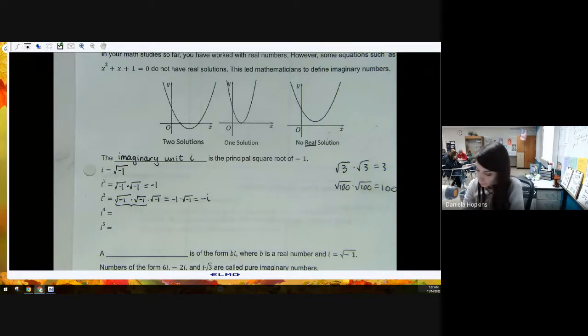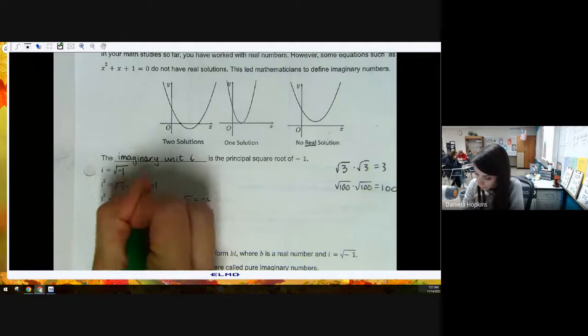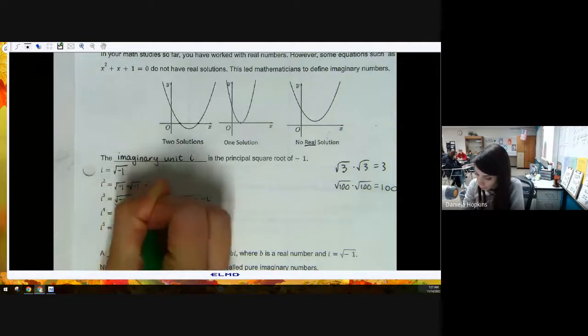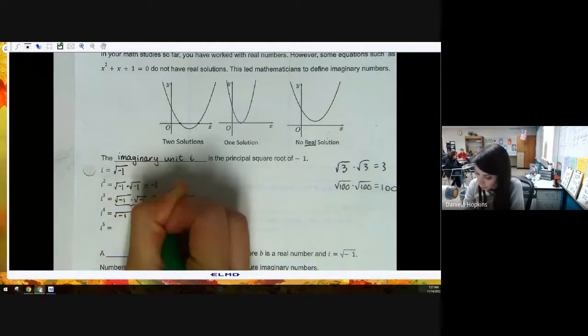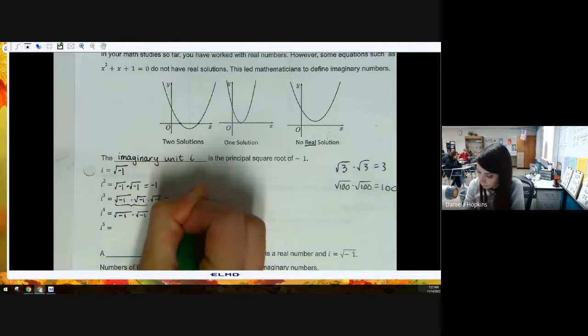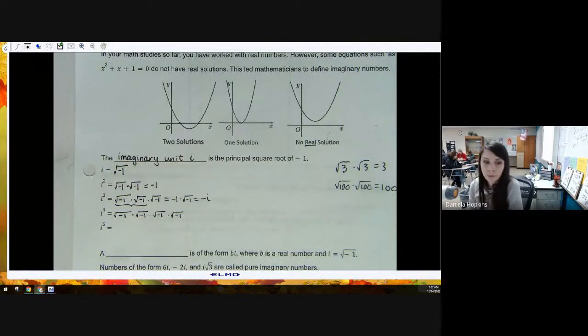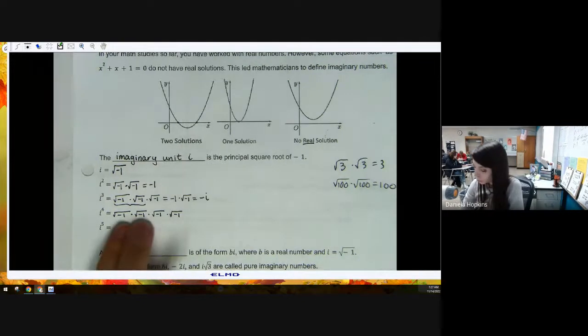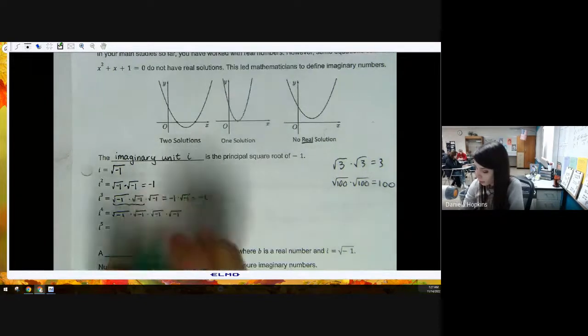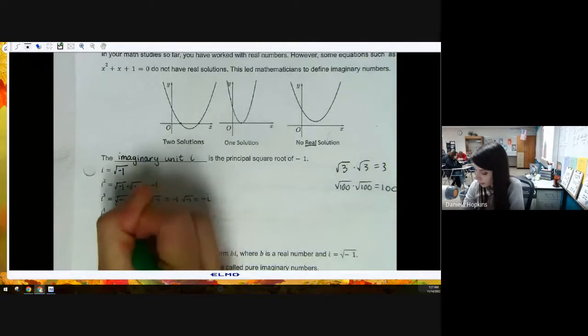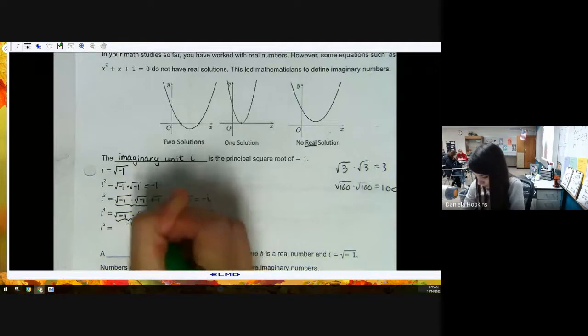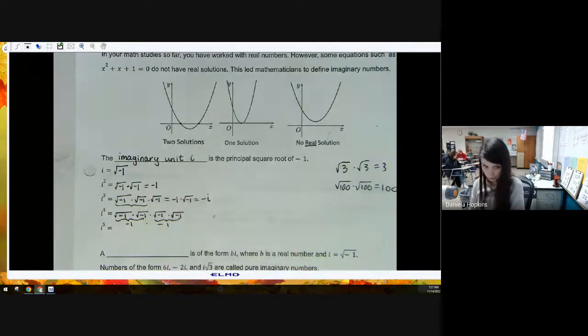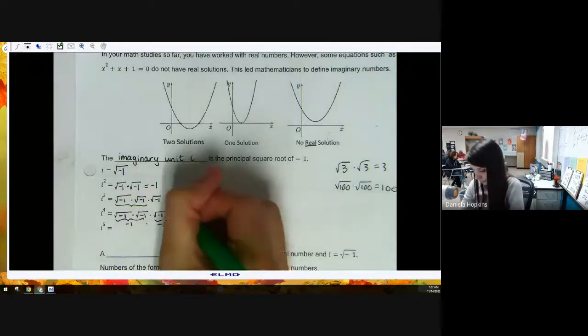And then I to the 4th, it's really weird: square root of -1 times the square root of -1 times the square root of -1 times the square root of -1. So if two square roots of -1 are just -1, this is the same as saying, okay, -1 times -1. What's -1 times -1? +1.